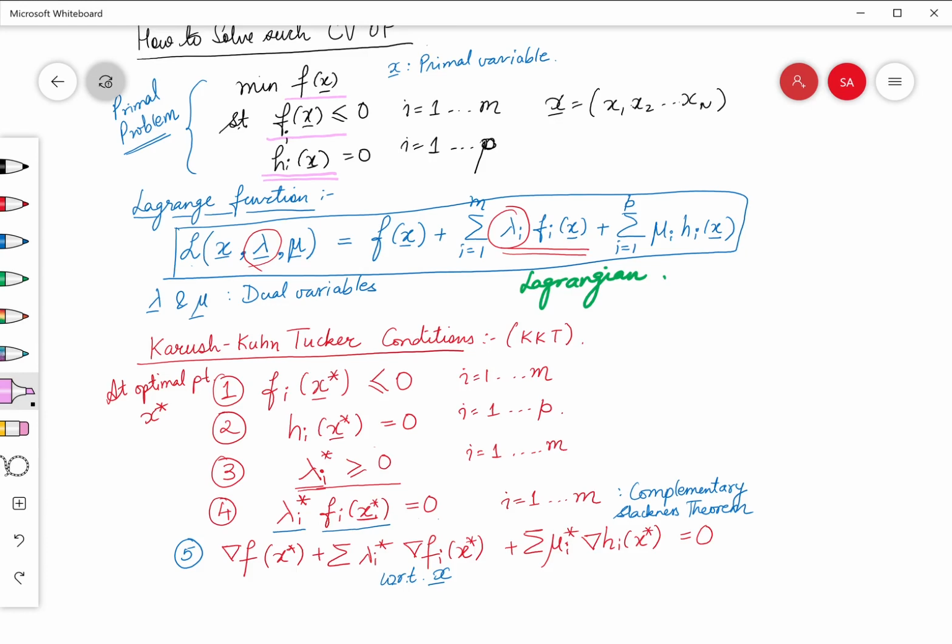To solve it, at an optimal point x star, your constraints should be satisfied. Your Lagrange dual variables associated with the inequality constraints should be greater than or equal to 0, and the product of the Lagrange dual variable and the inequality constraint function should be equal to 0. And the gradient of your Lagrangian with respect to x should be equal to 0. This is the way of solving a convex optimization problem.